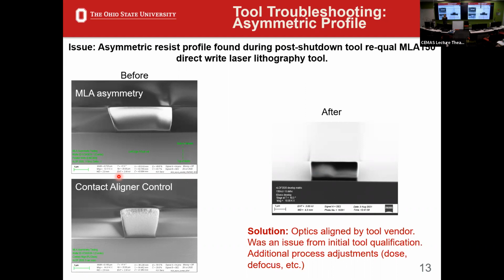And this is an optical system. So they had to realign the entire optical system from the laser, basically the mirrors, the DLP basically, in order to actually project a symmetric laser exposure onto the tool. So now we look for this on a regular basis.